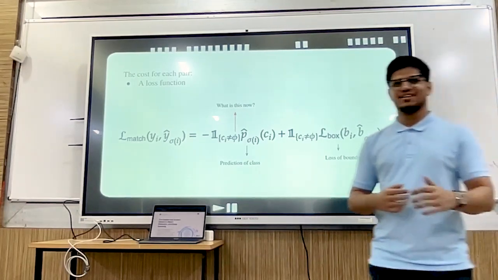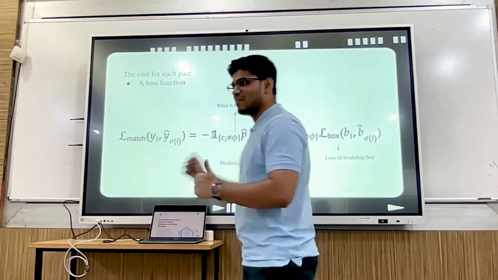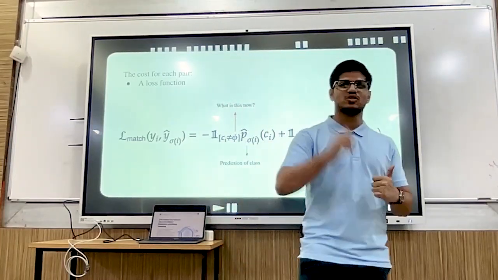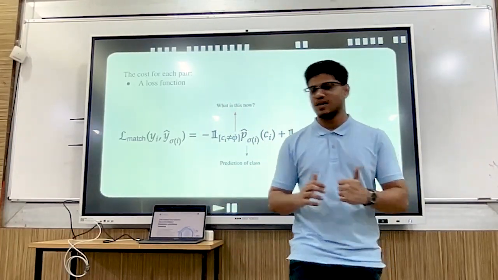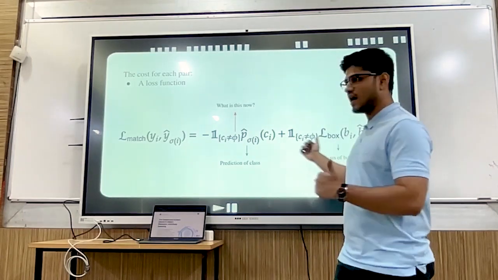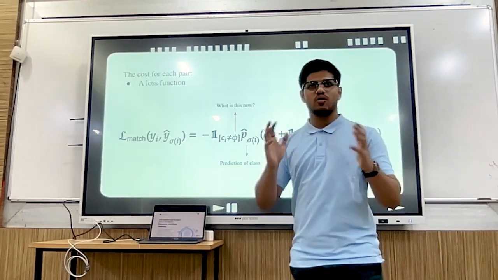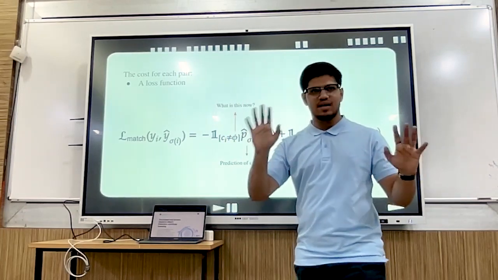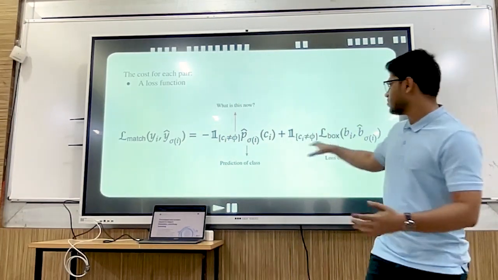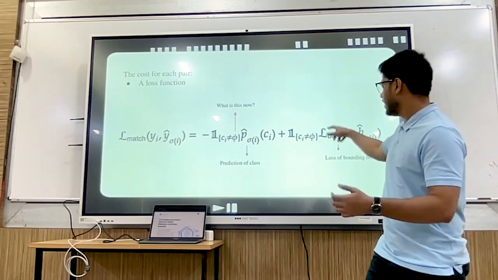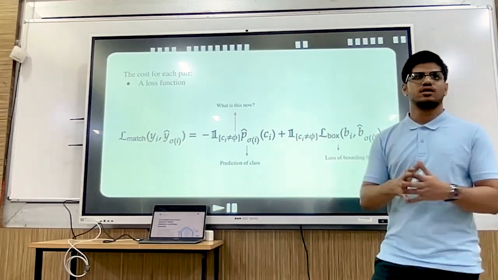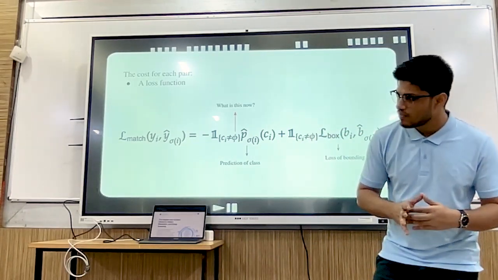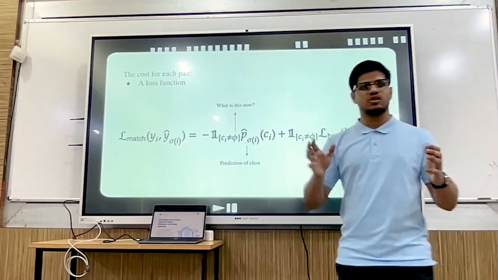So he was as close to correct as possible, because Bi and B hat are not bounding boxes. They are the coordinates of the bounding boxes, and that is being fed into this function, which is the loss, the box loss function.